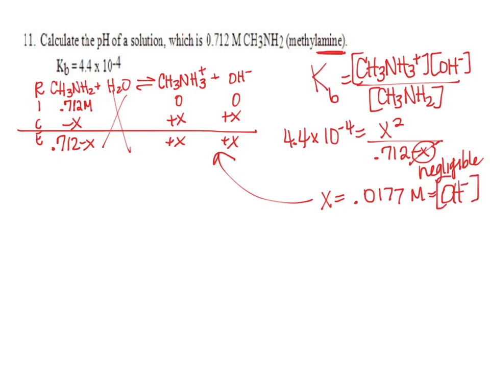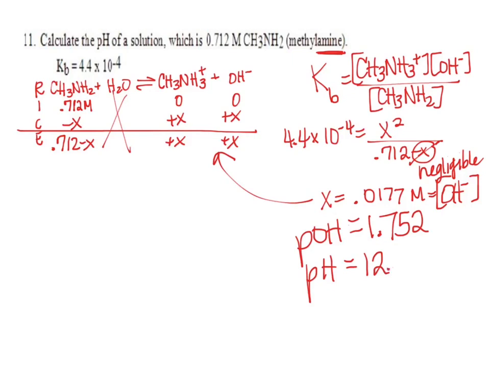So now I can take the negative log of that, and it will get me my pOH, which is 1.75. 3 sig figs, we go 3 decimal places. 1.752. Therefore, my pH is going to be 12.248.